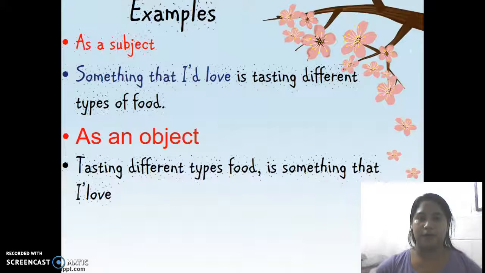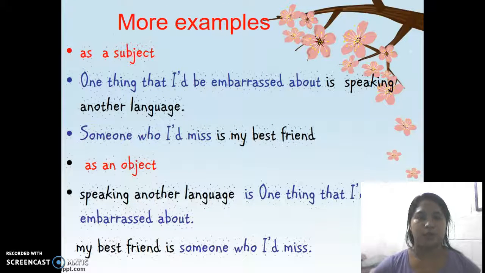So as you can see, the beginning part of the sentence as an object comes at the end. So the sentence changes. Another example, as a subject: one thing that I will be embarrassed about is speaking another language.